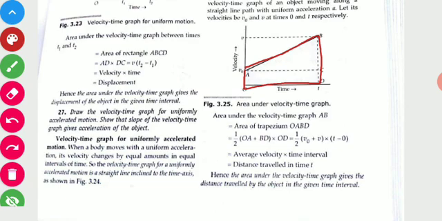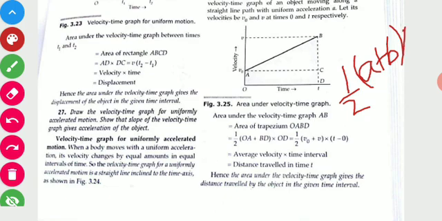You also know very well the formula for the area of a trapezium: 1 by 2 into the sum of parallel sides, (a plus b), into h.